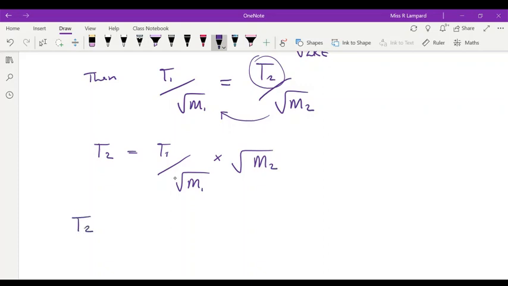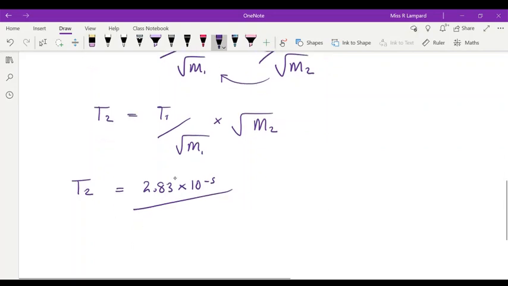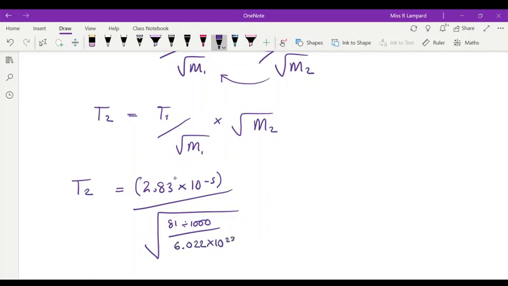So T2 is equal to 2.83 times 10 to the minus 5. And here, as I said, I was going to put everything in the calculator together, so you do have to be a bit careful, so I'm going to put some brackets around here. Divided by the square root of 81, because that was the mass of 1 mole in grams, divided by 1,000 to turn it into kilograms, divided by 6.022 times 10 to the 23.